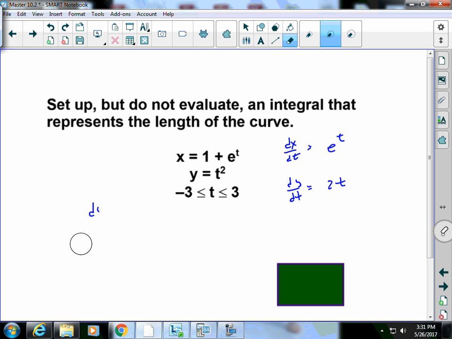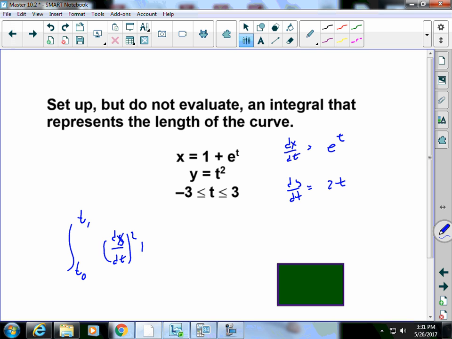I'm making up stuff now. All right, so I'm integrating from a to b, or t sub 0 to t sub 1, of the square root of (dx/dt) squared plus (dy/dt) squared, dt.